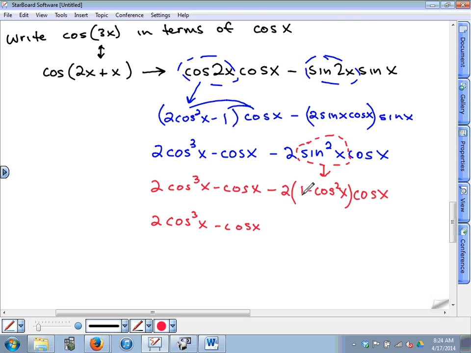So what does this term right here become? Minus 2 cosine of x. Good. Now let's do the same thing. Let's distribute the negative 2 to this term as well as the cosine to that term. Positive 2 cosine cubed. Nice job.